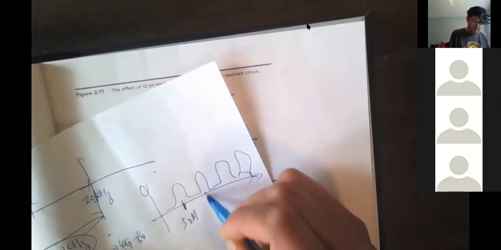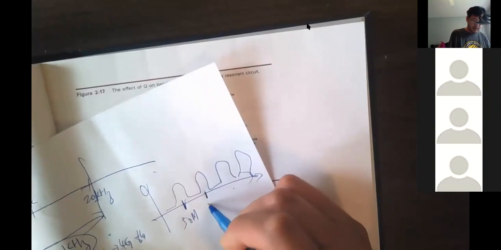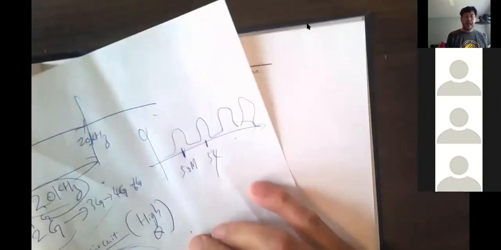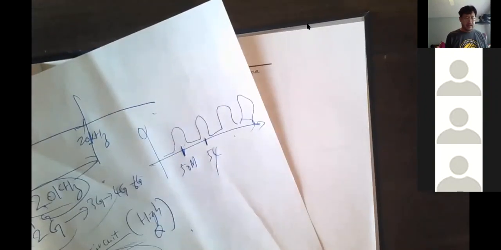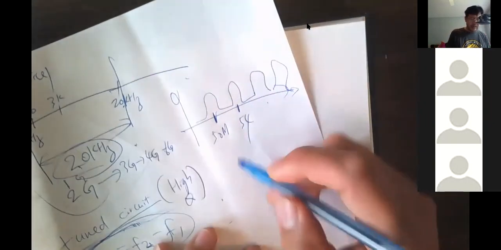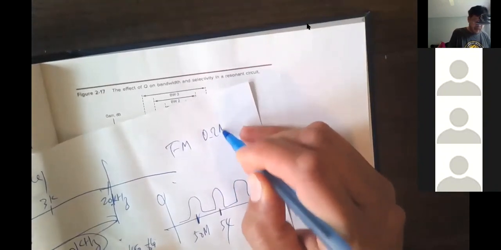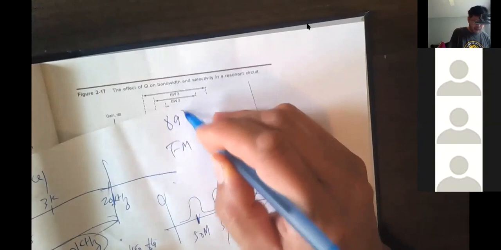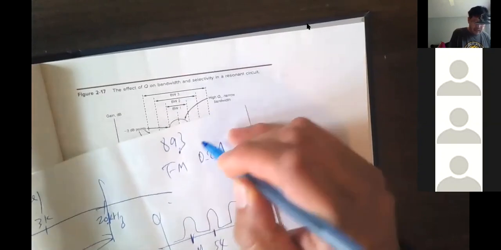Channel 2 may be 50 megahertz. Channel 3 may be 54 megahertz. Television stations are separated much wider. For FM stations, the separation is 0.2 megahertz. So you have 89.3, and your neighbor is 89.5.